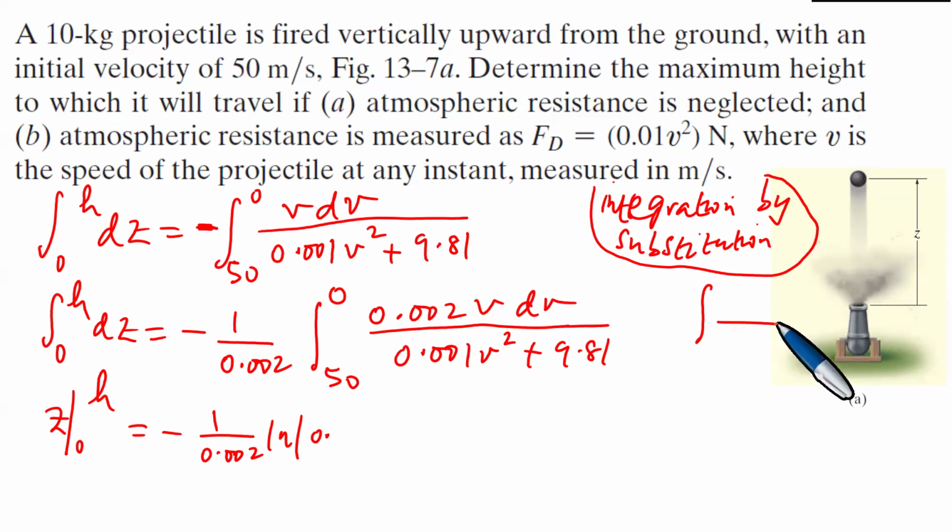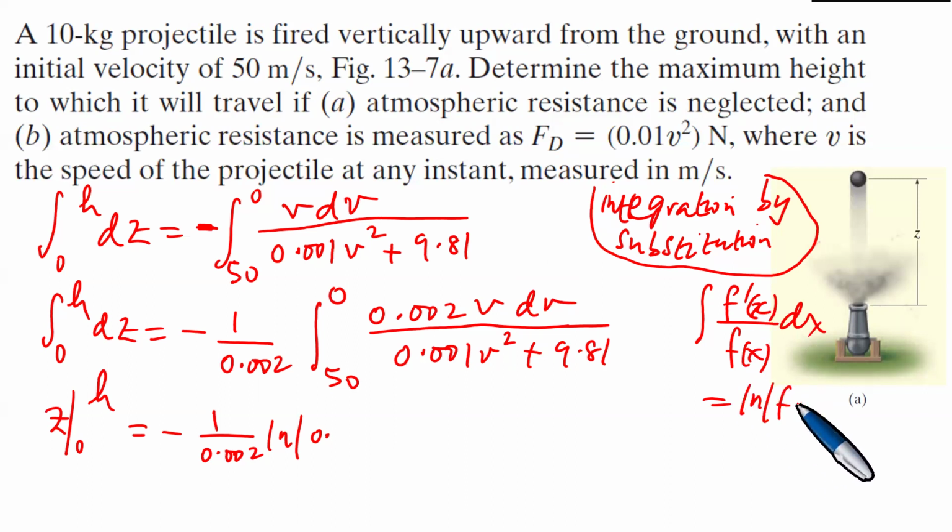By substitution, it means that if you have a function f of x whose derivative is in the numerator, then the integral is the natural log of f of x plus c.